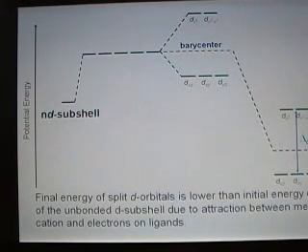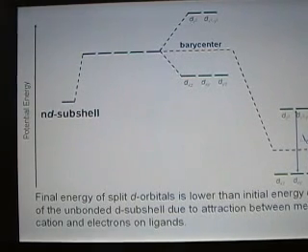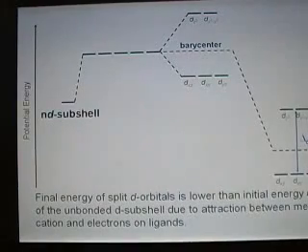Now, the final energy from the splitting of the d orbitals is actually much lower than the energy of the unbonded d subshell because of the attraction between the metal cation and the electrons on the ligand. Remember, all this was derived from the repulsive effects of the electrons on the ligand interacting with the electrons on the metal cation.